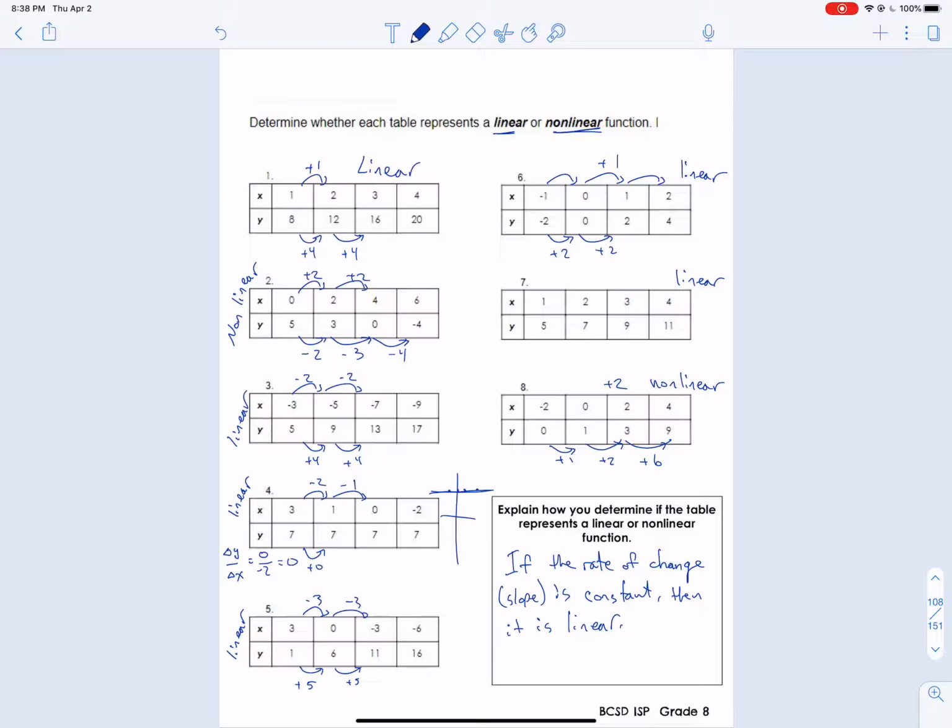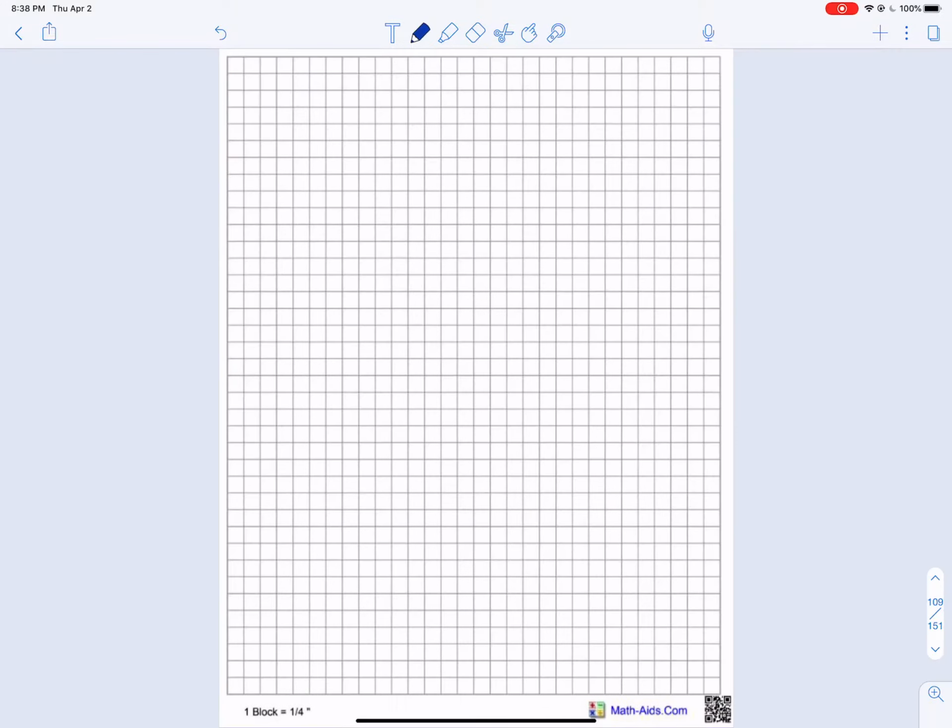So let's just look at the next point. So we have, again, 0 over negative 1, which is still 0. So it is constant. It's 0. The slope is 0, which we saw in our graph. A horizontal line has a slope of 0. All right, let's move on.